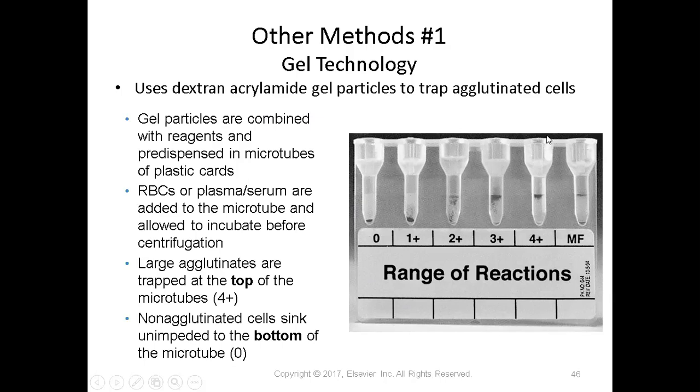And so basically, we add a certain volume of red cells or plasma or serum to each tube depending on what we're testing for, and then we centrifuge the card. So you need to have a special centrifuge that can accommodate the cards, and we have one at CCP. You guys will get a chance to see it and use it at least one time.